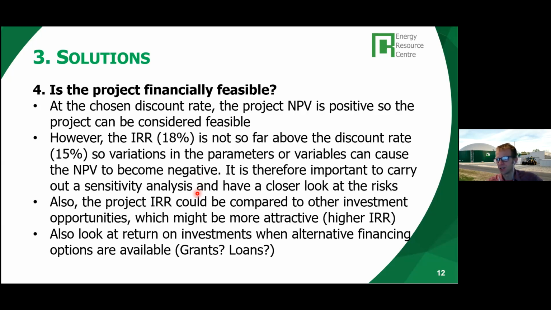Secondly, the test of comparing the IRR with the discount rate is one option, but another option is to use the IRR and compare it to other investment opportunities for the project owner. For example, he could extend the capacity of his cashew processing factory, which could have, for example, a higher internal rate of return, and that would mean that perhaps he would be better off investing his money in that project rather than the energy production.